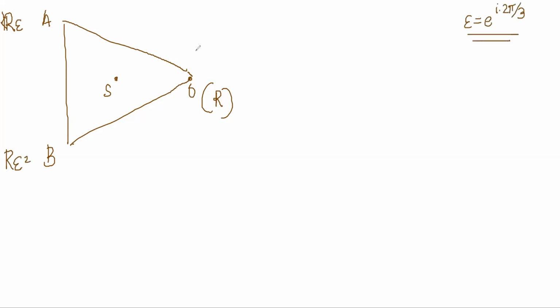This is S, this is O, this is A, this is B. O's coordinate is R. This coordinate is R into epsilon, and this coordinate is R into epsilon square, where epsilon is e power i 2 pi by 3, right? So this is because of pure rotation. This distance is R. I have found the coordinates of O, A, and B.